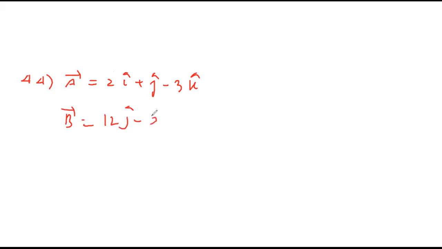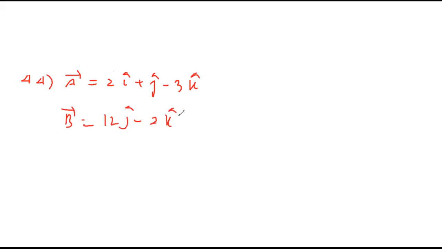Next, 44th. The area of parallelogram determined by A bar equals 2i cap plus j cap minus 3k cap, and B bar equals 12j cap minus 2k cap.